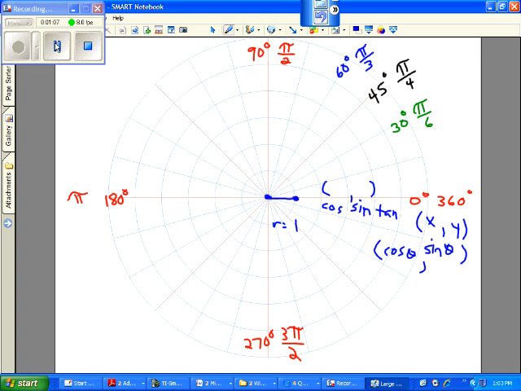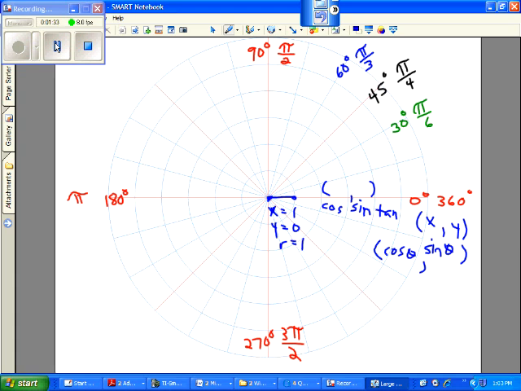So my radius is 1, but what's my x value? 1. And what's my y value? 0. So my x value, let me make myself some more room here. Excuse me, I'll start again. We're wanting the unit circle. We've got x is equal to 1. We've got y is equal to 0. And we have r is equal to 1.